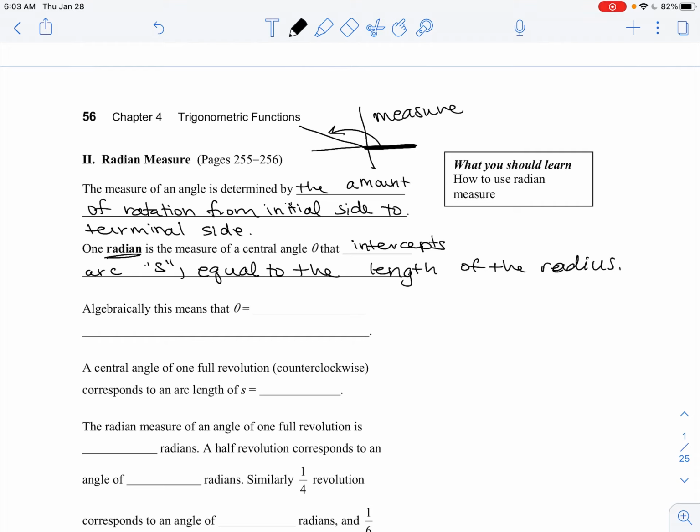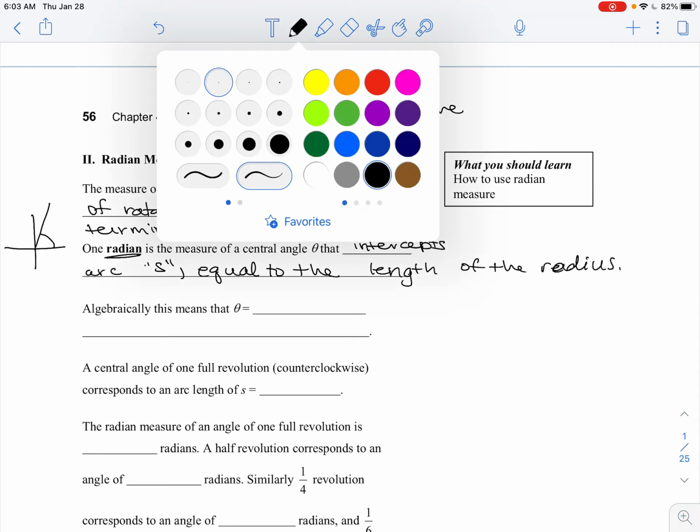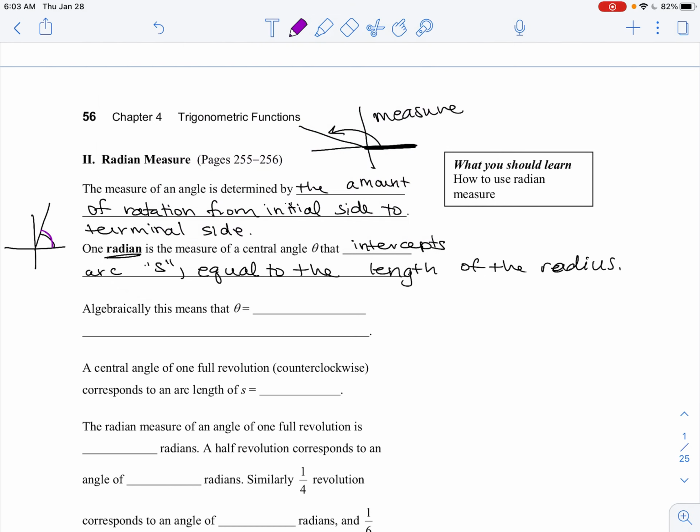So a radian equals an angle where the arc of the angle, which remember, when we have an angle, let's say here's an angle, the arc of the angle is on the curvature of the angle. So if that's the angle, 1 radian of that angle would be where the arc is as long as this radius here. This is the radius and this is the arc.